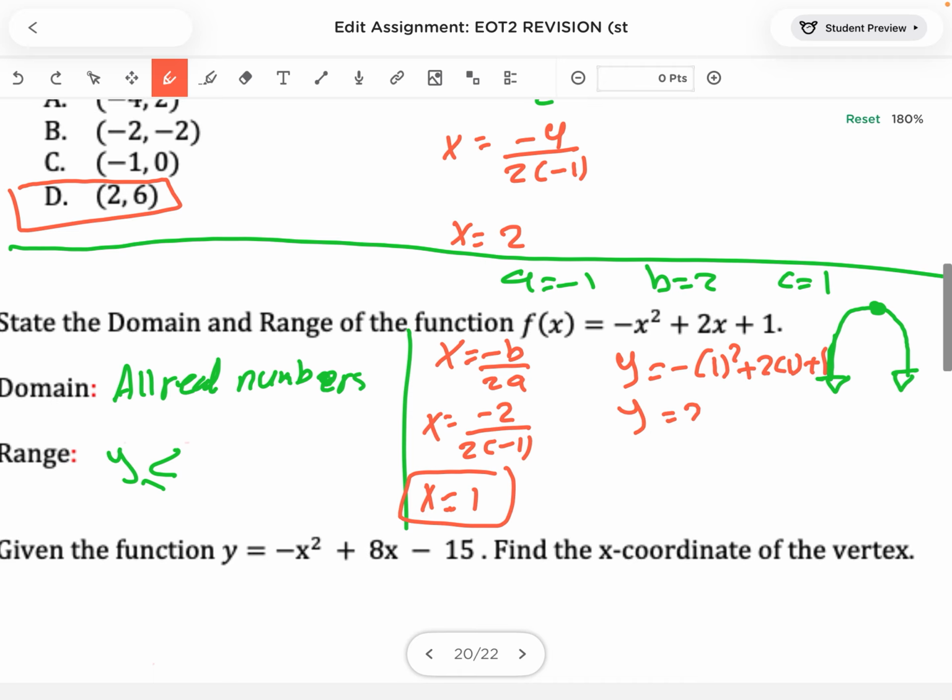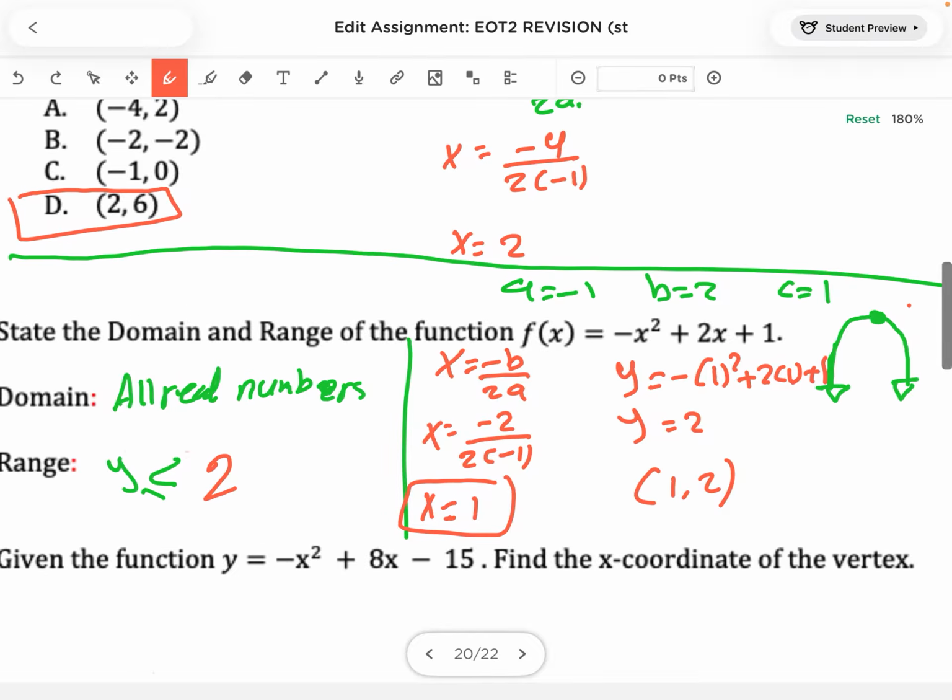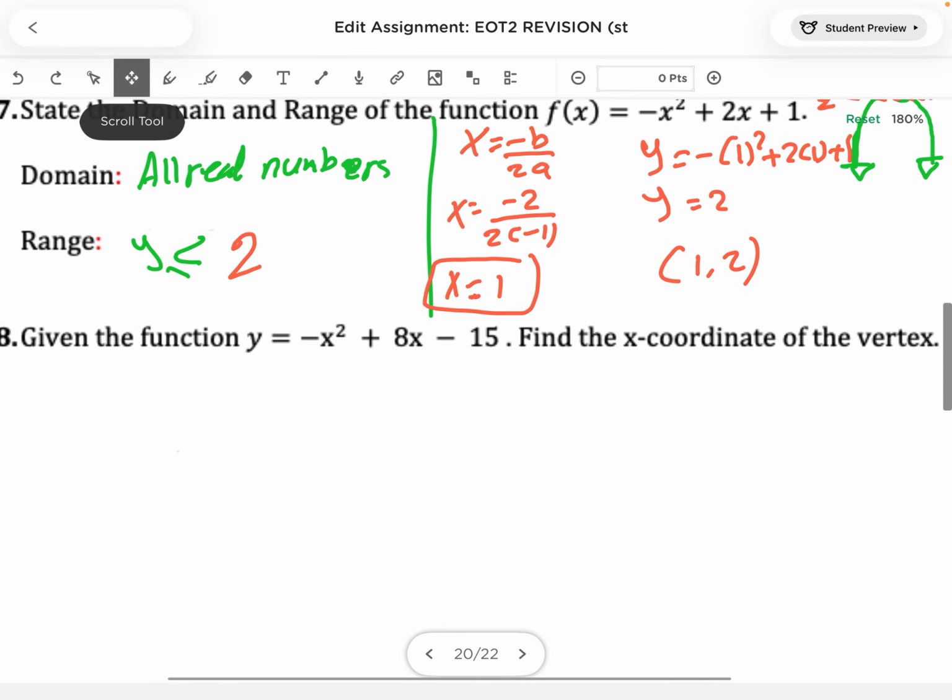So y will be 2. So the vertex is 1, 2. So y will be less than or equal to 2 because the highest point would be at 2. Next question.